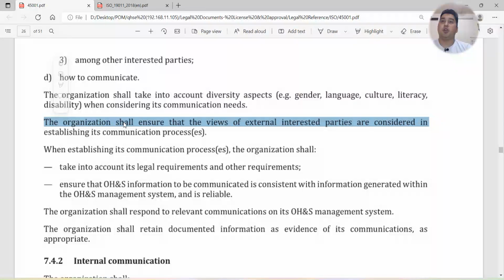The organization shall ensure that the views of external interested parties are considered in establishing its communication process. So when you are establishing the communication process, you need to check the external interested parties also, like legal departments, any contractors, suppliers, certification bodies. Those also need to be considered in the process.